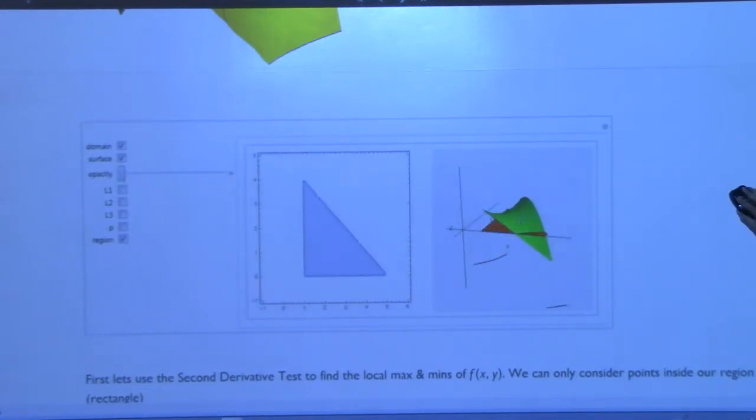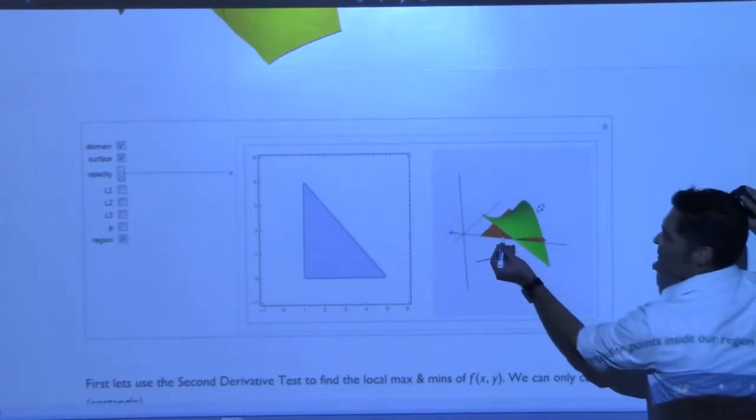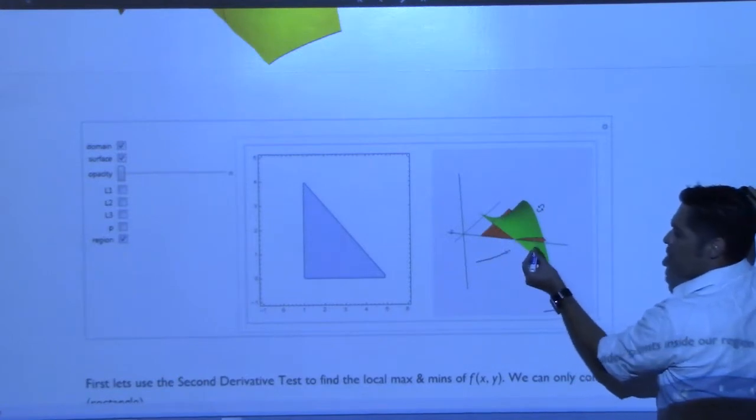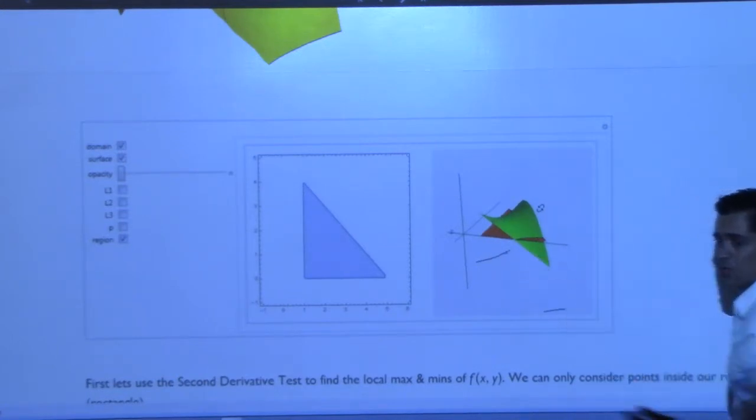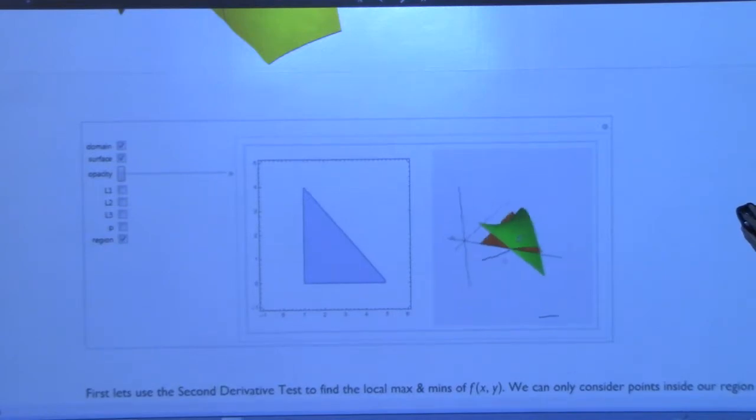Do you all see that this green patch is the part of the surface that's created if we just plug the points in from the triangle? Some of the points, when we plug them in, go up. Some go down. It just depends on the function itself. So some of the surface is above the xy plane, some of it's below. Do y'all follow me?